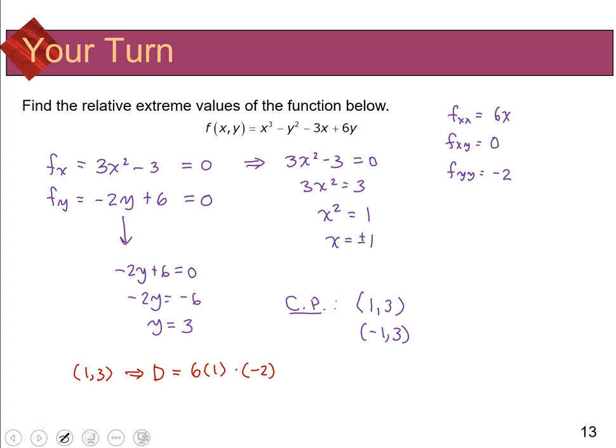And I'm going to subtract fxy squared, which is 0 squared, and I get negative 12, which is less than 0. So that means at (1, 3), I have a saddle point.